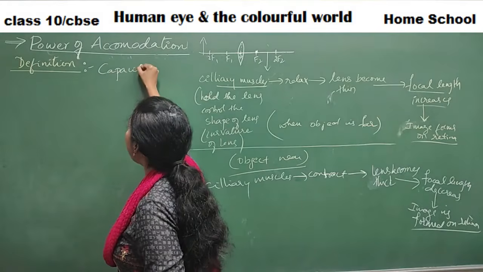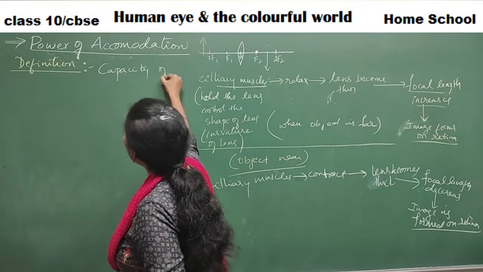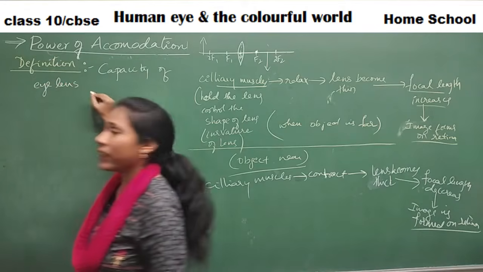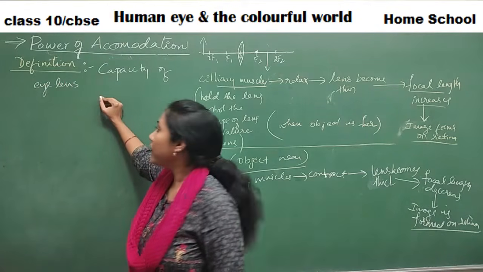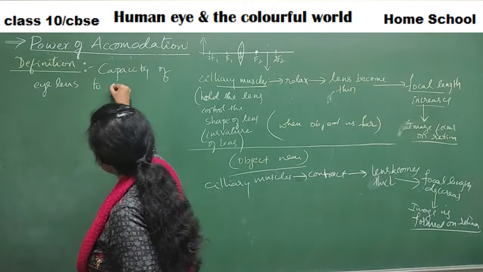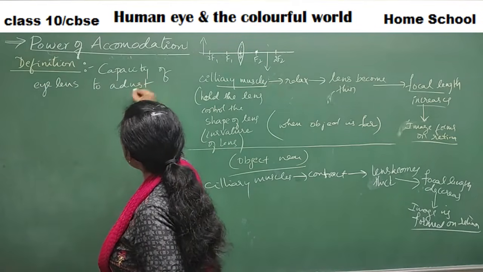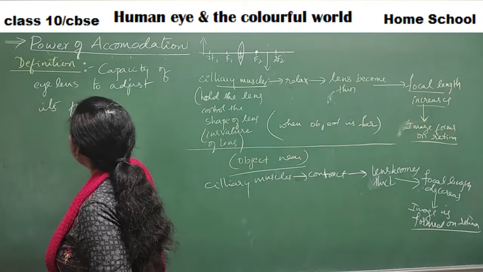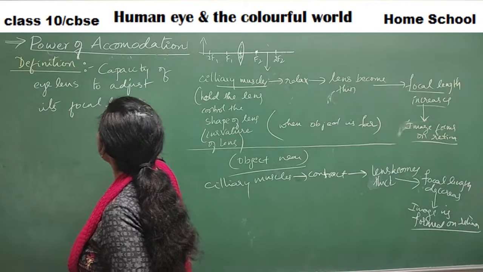It is the capacity of the eye lens, or you can also write crystalline lens, to adjust its focal length.